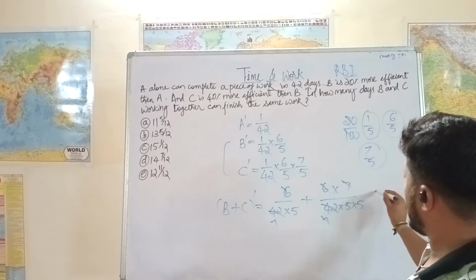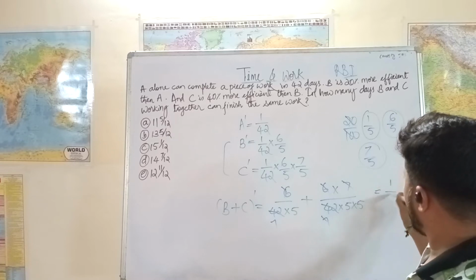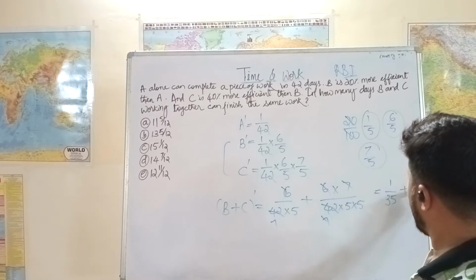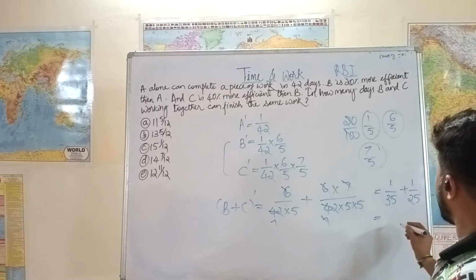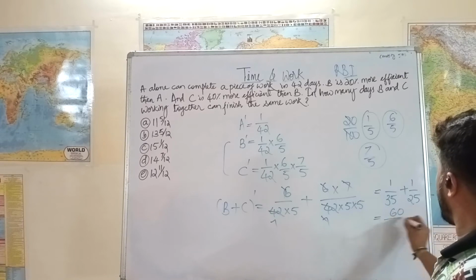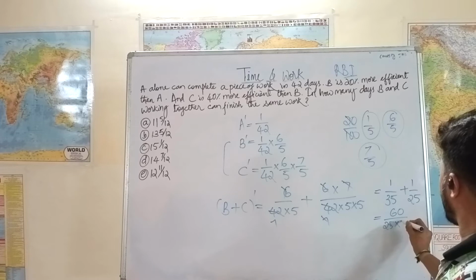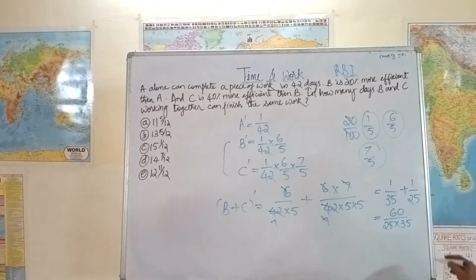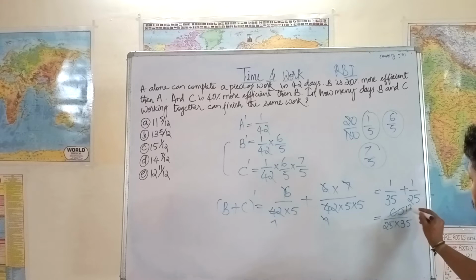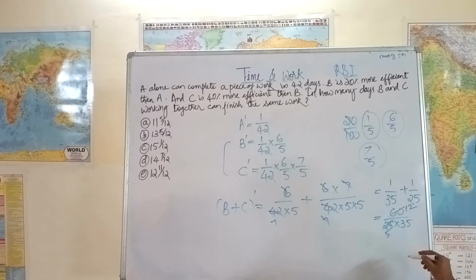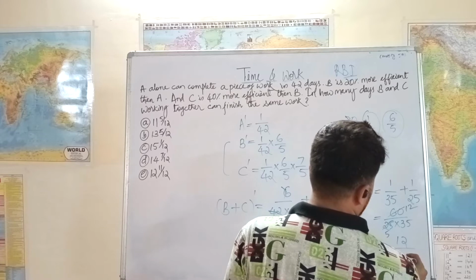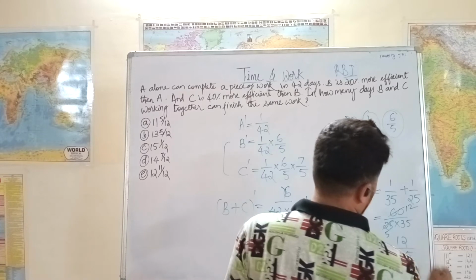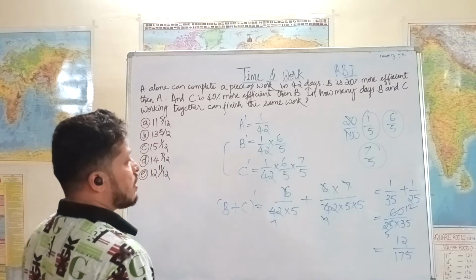So it is 1 by 35 plus 1 by 25, which is equal to 25 plus 35, which is 60, divided by 25 into 35. You can further simplify this. 5 12s are 60, 5 5s are 25, that's it. So it is 12 divided by 175. So this is the efficiency of B plus C.